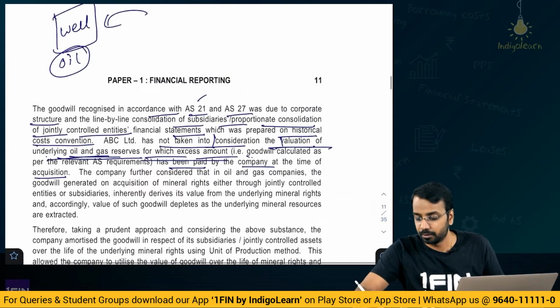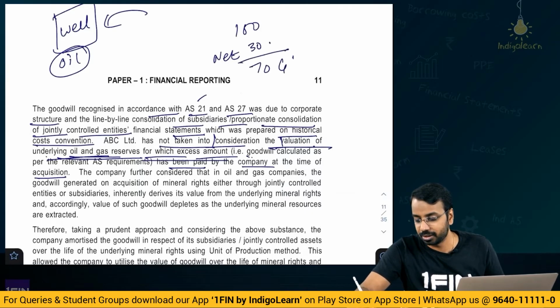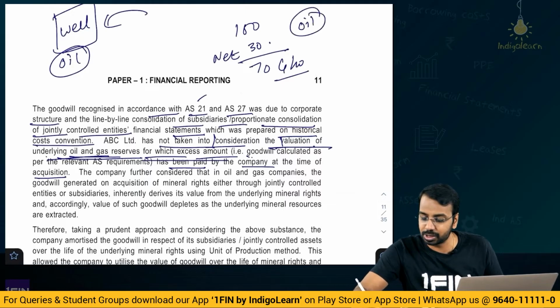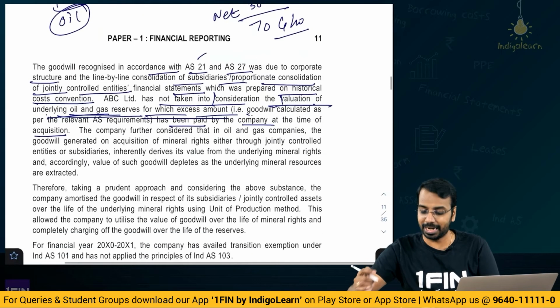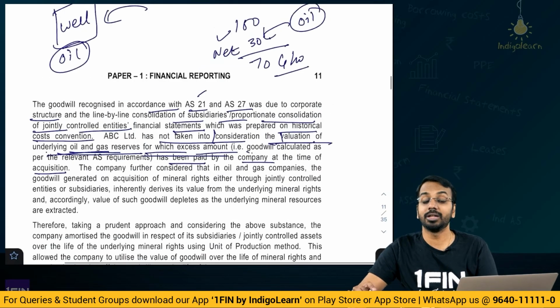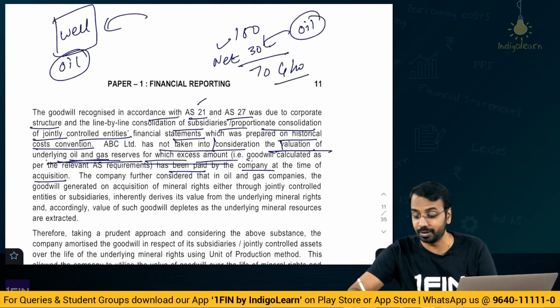So, let us say we paid 100, okay, net assets is 30. So, what do we say? 70 is goodwill, but there is something which is there as form of oil which is not considered here, okay. So that is what is the difference that they are facing, or that is what is the challenge they are facing. So that is what they have not considered, and hence goodwill is overstated.